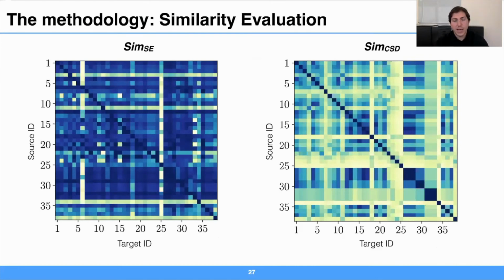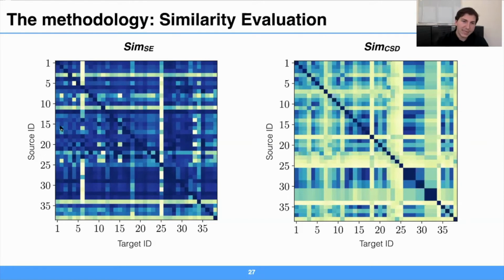Here we are looking at a chart that shows the similarity, both the specification encoding similarity and the configuration space descriptor similarity for 39 different functions from the MaxSuite benchmark suite. On the y-axis, we have the sources, and on the x-axis, we have the target functions.